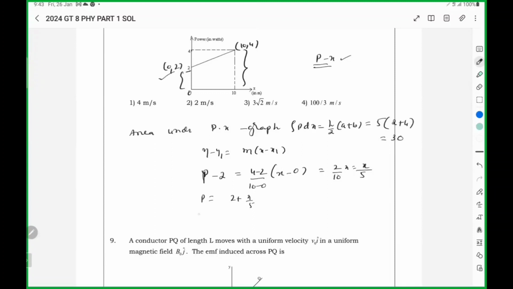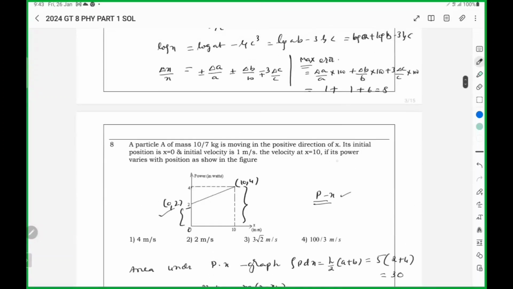Or this is integral P dx, so x from 0 to 10, is the same as what he is asking here. Its power varies.